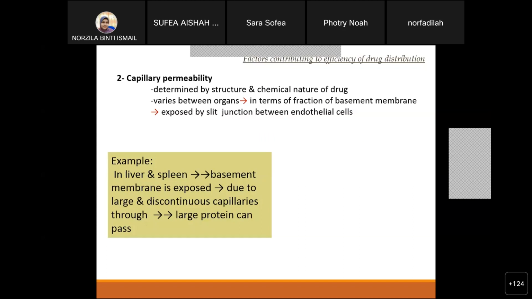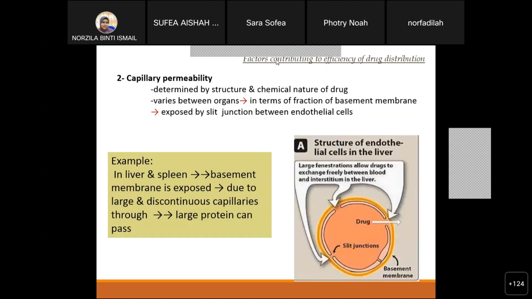We see here an example. These are the endothelial cells. This is an example for the liver, the blood vessels in the liver. In the blood vessels of the liver there are slit junctions. This is called cell permeability, where drugs can go out or in to the blood vessels easily because of these slit junctions.